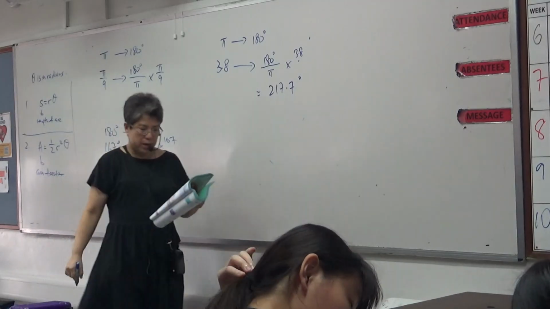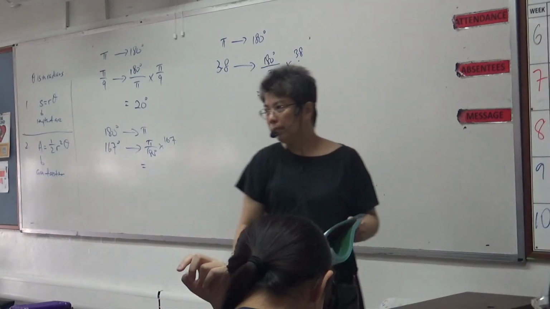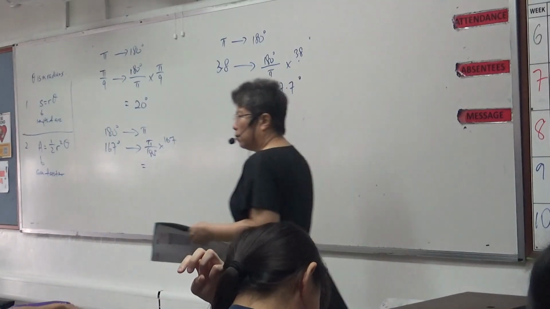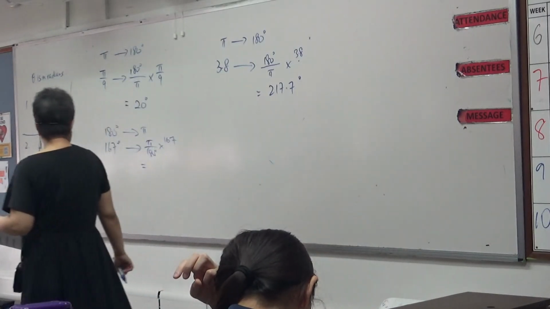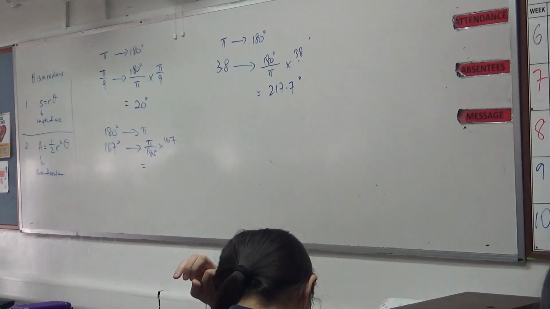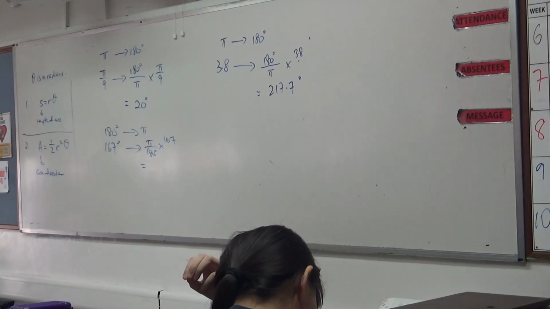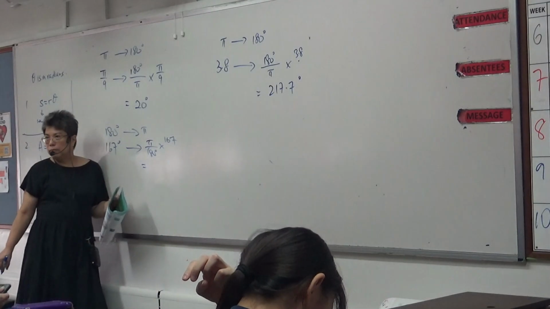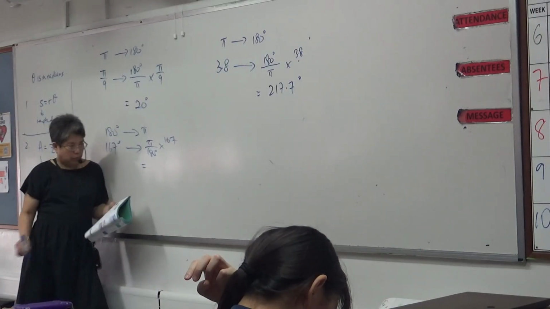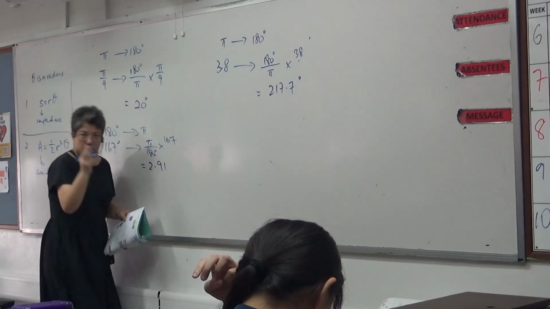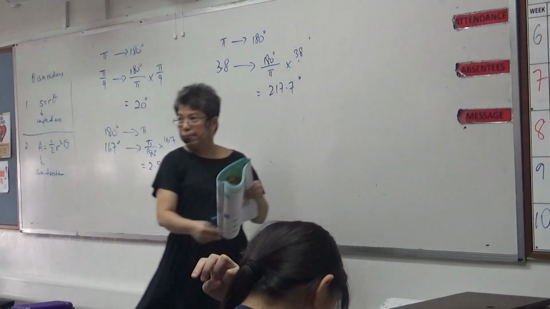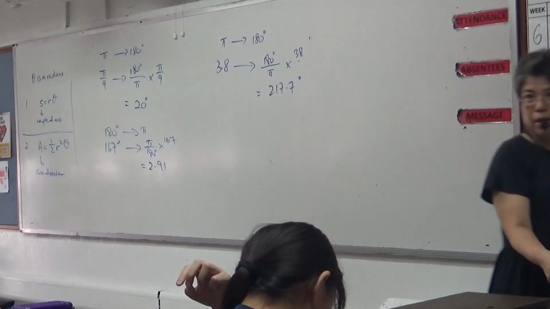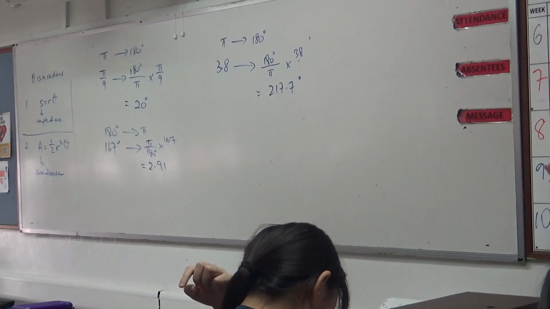All of you find out for me now. Three significant figures: 2.91. So it's 2.91 radians. Everybody clear with what I'm saying?